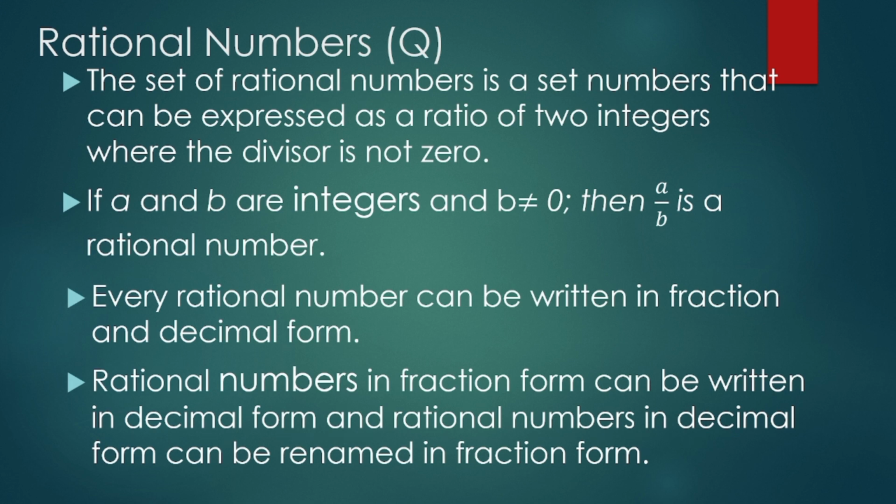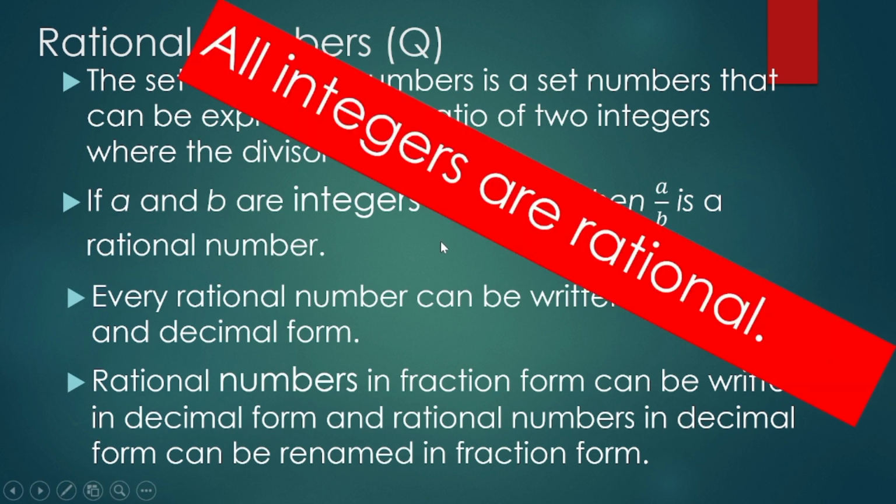So, sa decimal, meron tayo ng mga tinatawag na repeating at terminating na decimal. Ganyan. So, gagawa na lang siguro ako ng separate video tungkol doon. Okay? So, all integers are rational. So, nagsimula tayo sa natural, sumunod sa whole numbers, sunod sa integers, and then sunod sa rational.